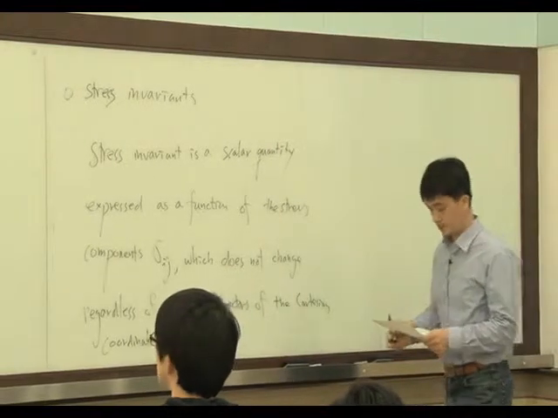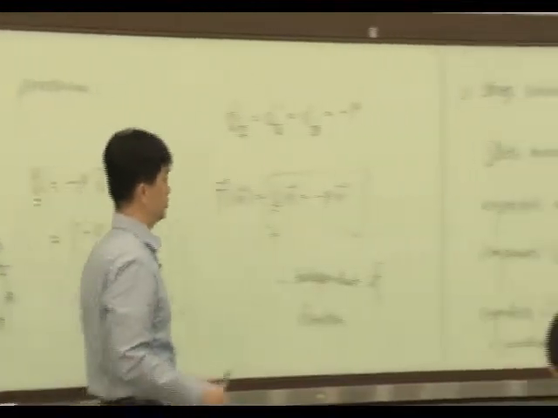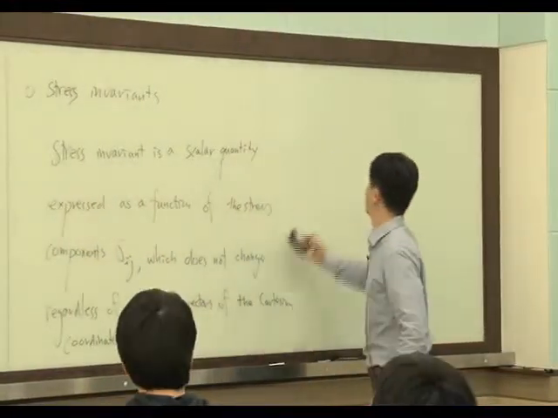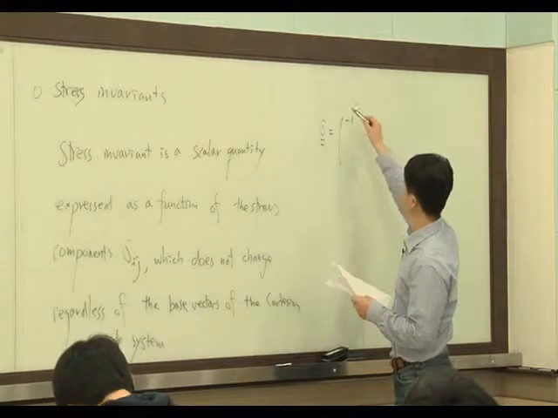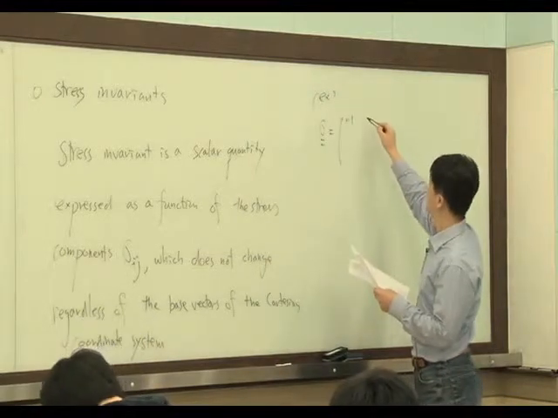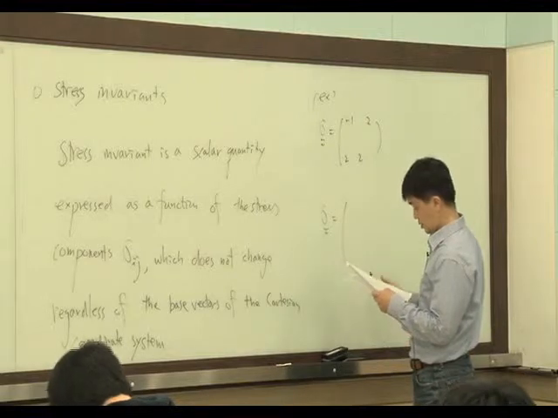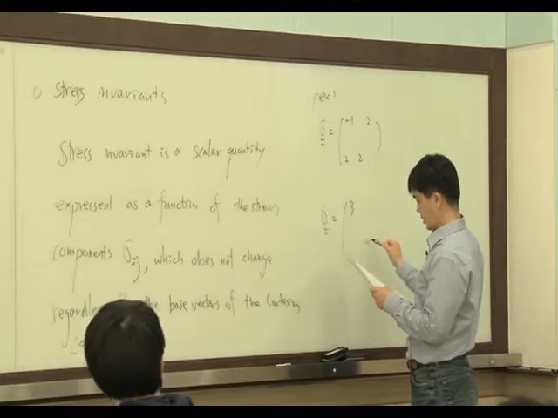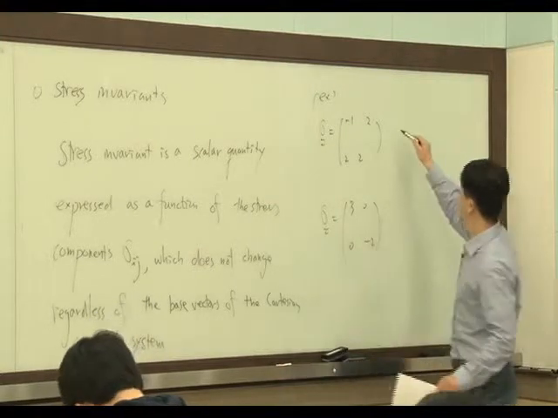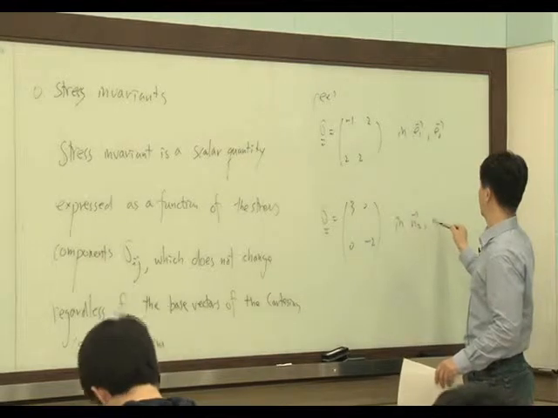So for example, stress was -1, 2, 2, 2, and becomes 3, -2, 0, 0 in E1, E2, in N1, N2.